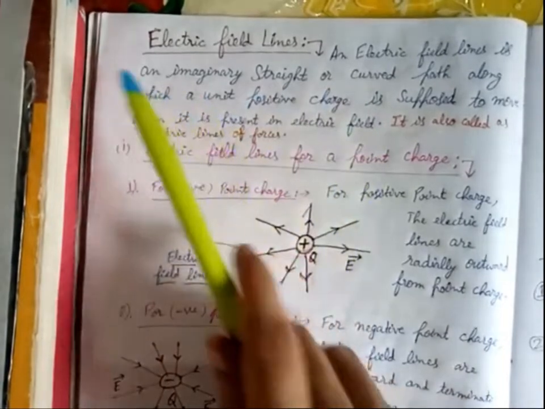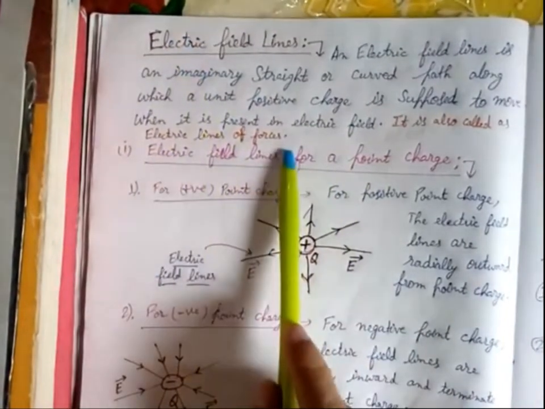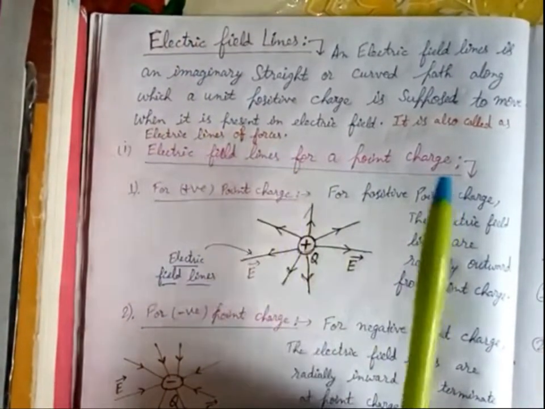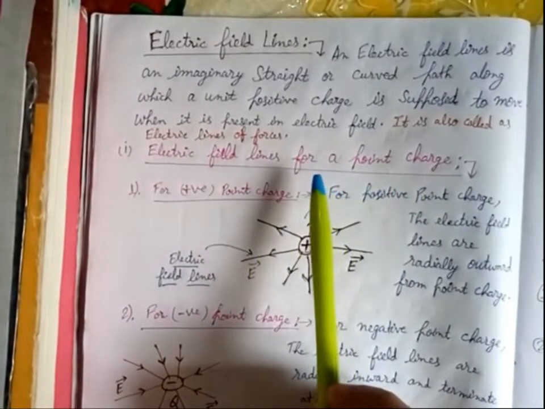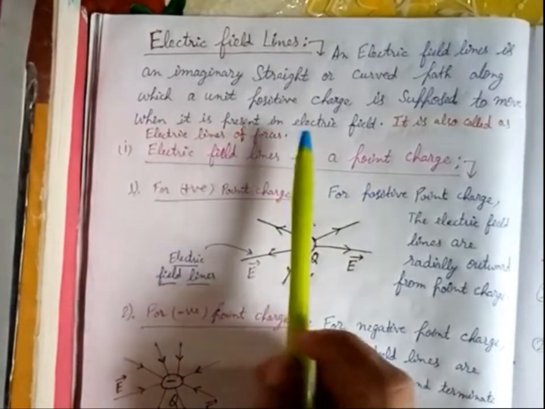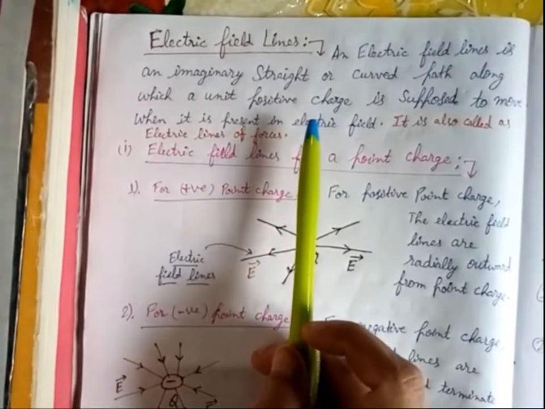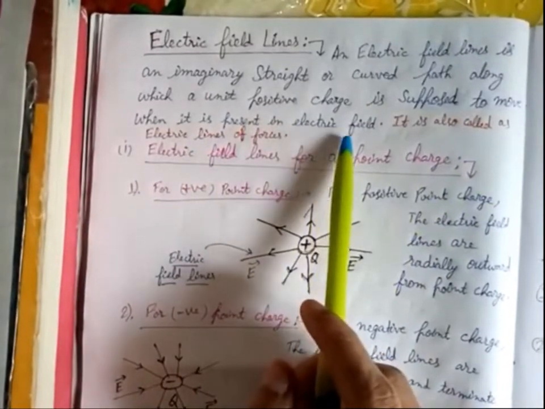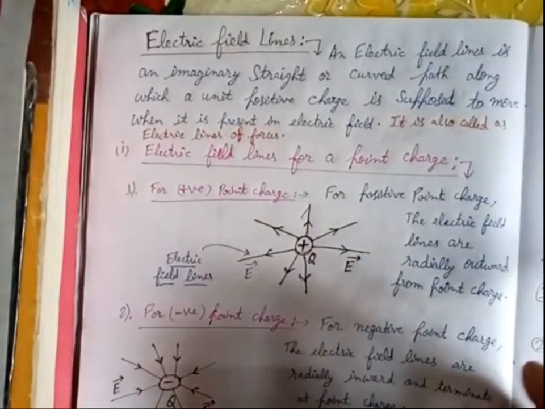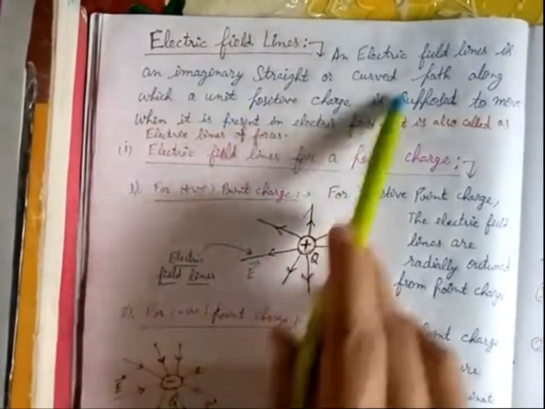So electric field lines or electric lines of forces are imaginary lines, straight or curved, along which a unit positive charge, if placed, will move in the direction of the electric field. So this is the definition of electric field lines.